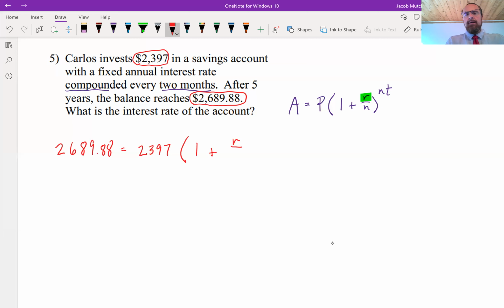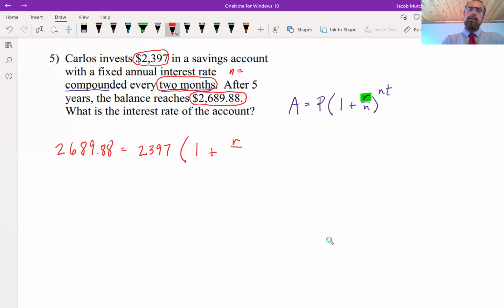I need to decide about the n value. It is given here in the phrase every 2 months. So if I think about how many times that would occur in a year, there's 12 months in the year. So if I'm compounding the interest every 2 months, I would compound that interest 6 times in the year.